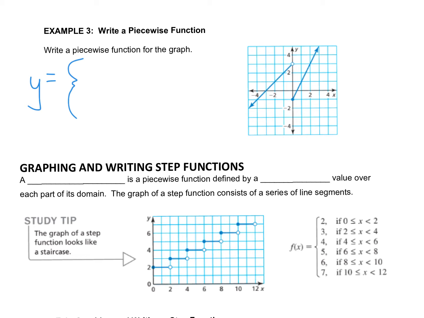So looking at this left-sided one, I can see that the y-intercept is a positive 3. And if I look at my slope throughout this line, I see up 1 over 1, up 1 over 1, up 1 over 1, up 1 over 1. So it's definitely a slope of 1. So the first one that I'm going to do is x plus 3.